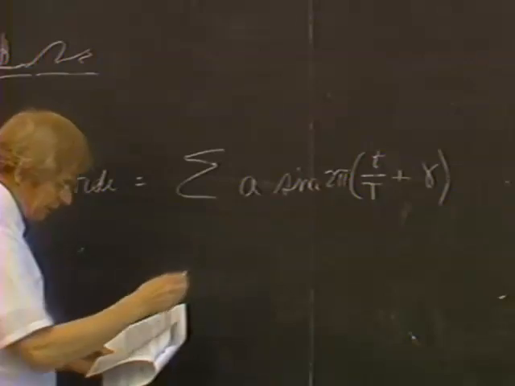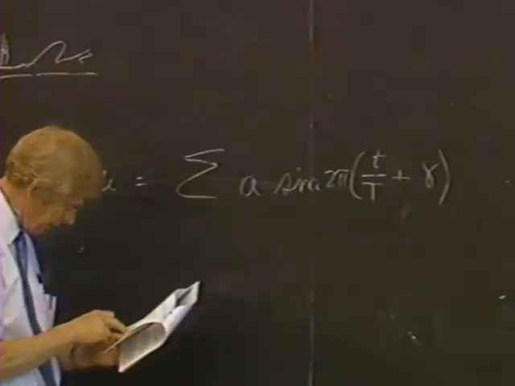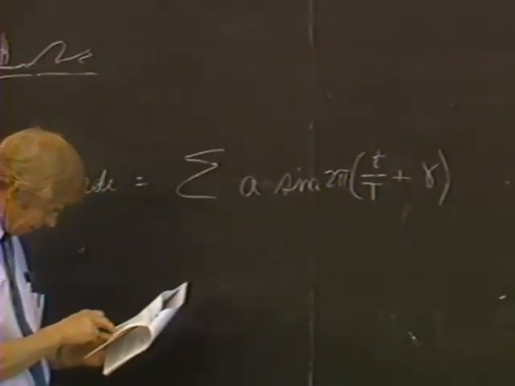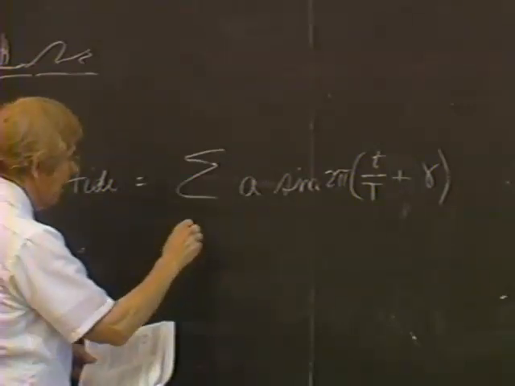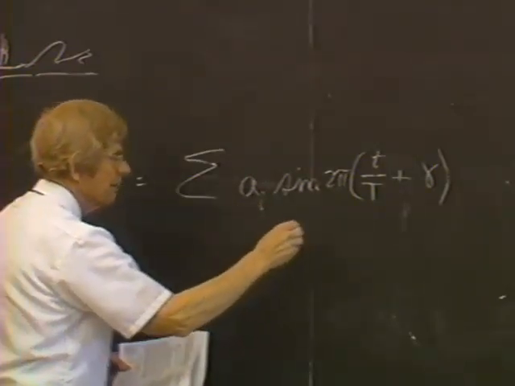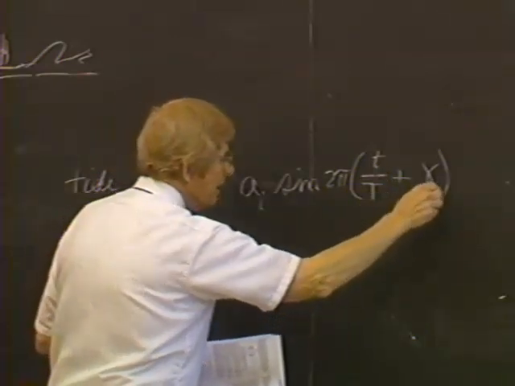And this will have, depending on how many terms they want, they've listed 3, 6, 8 terms here. A_i sine of 2 pi t over T_i.